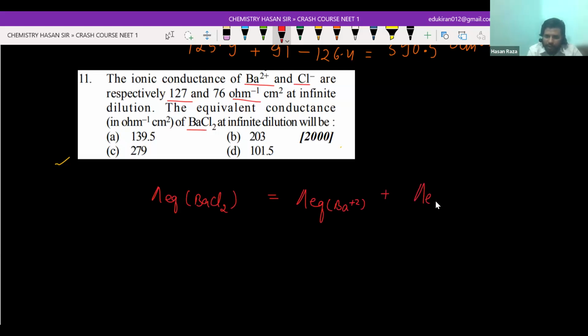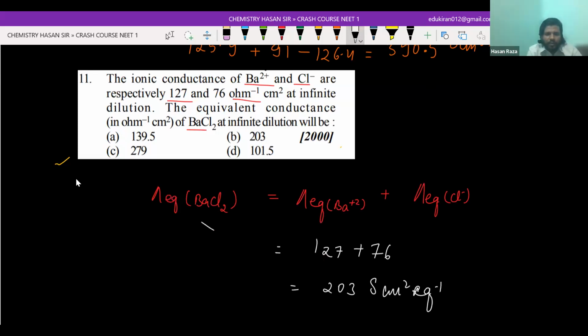Since we are talking about equivalent conductance, there is no need to balance with the moles of the dissociated ions, and you just need to write the values: 127 plus 76, and that will be equal to 203 Siemens centimeter square per equivalent. Since we are talking about equivalent, it will be like this.